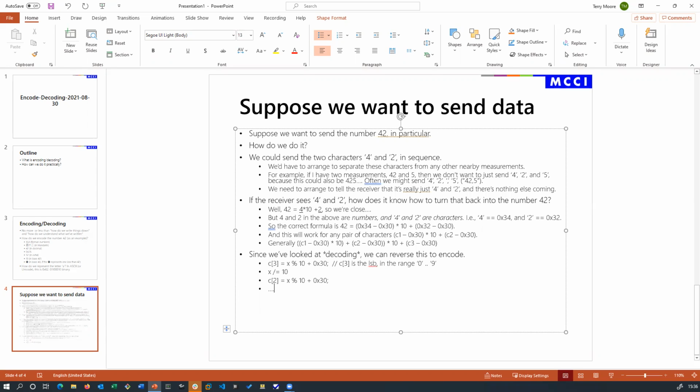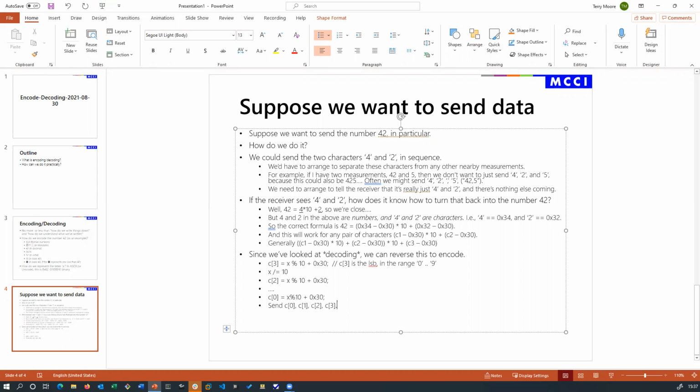Now we set C of 0 equals X modulo 10 plus 0x30. And then we can send it. For example, this would send leading zeros. If I put 42 into this, what we get back is 0042.